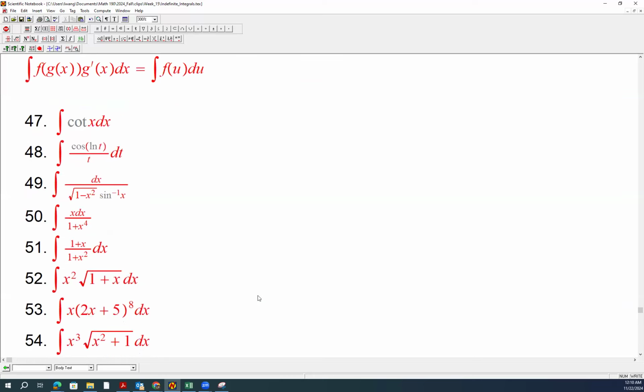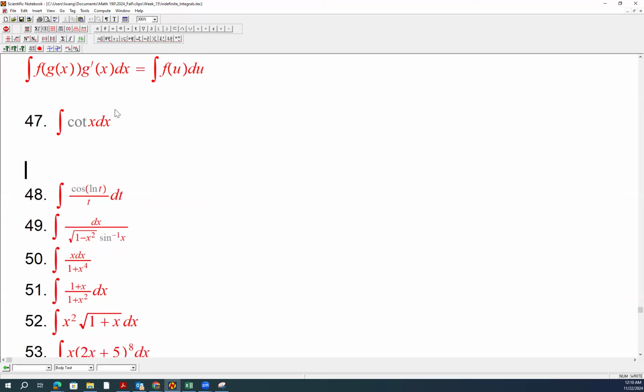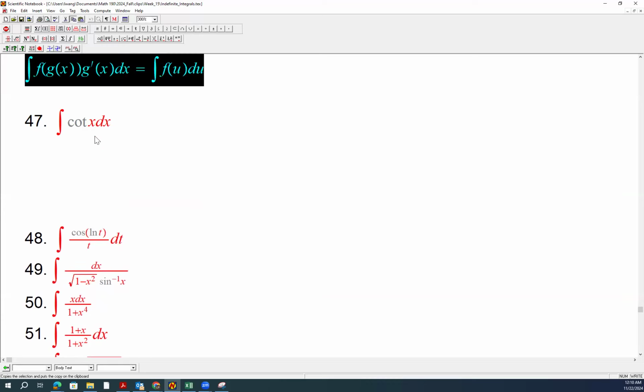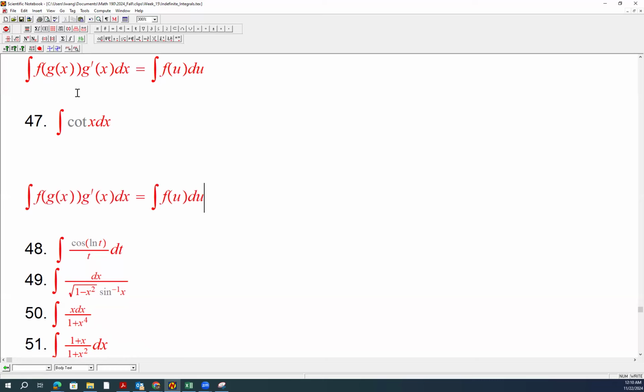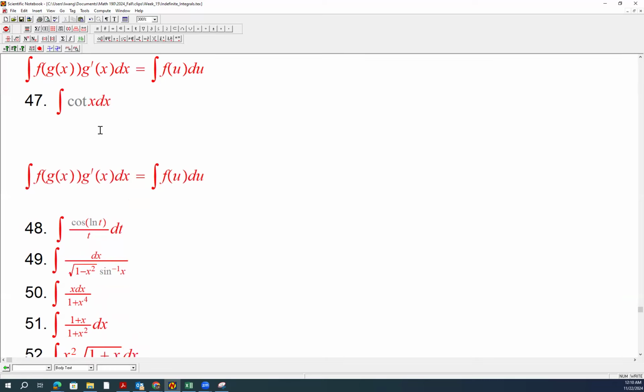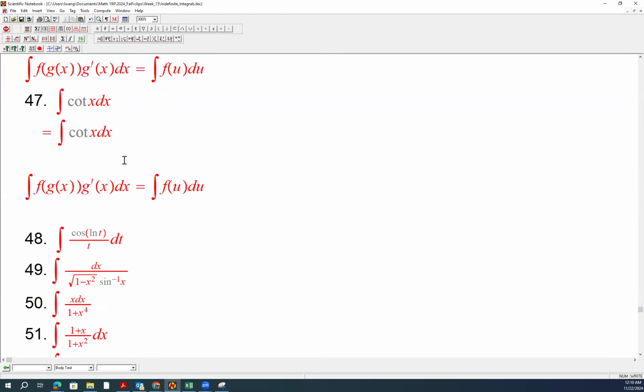Problem 47. Oh gosh, this is a bit too late today. But anyway, let's do it. What I'm going to do is that we don't know the antiderivative of cotangent.